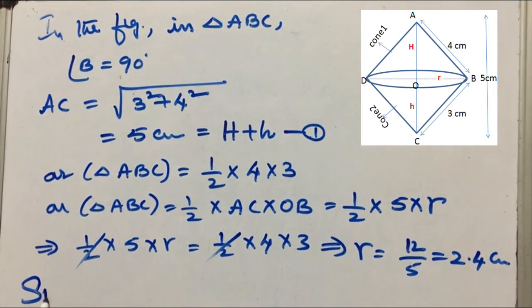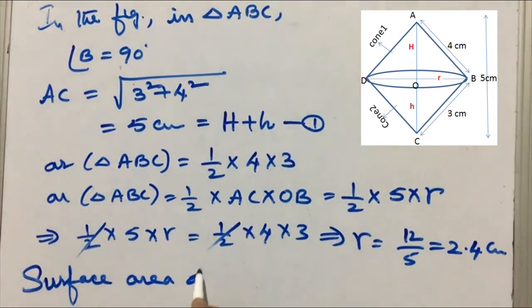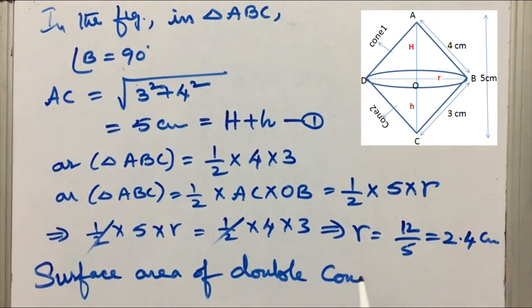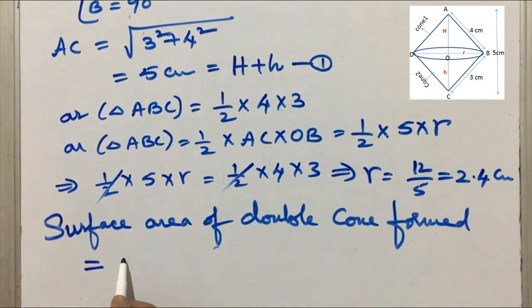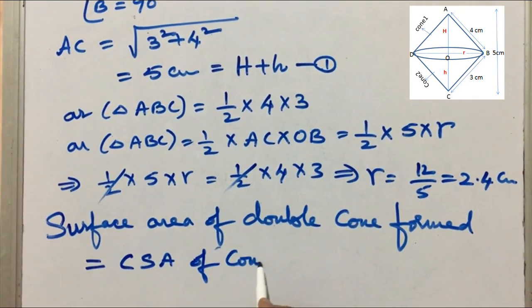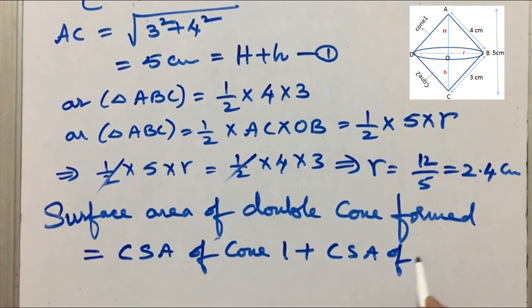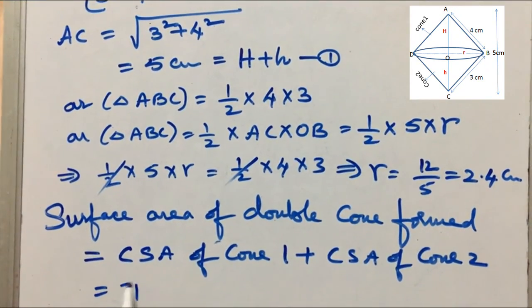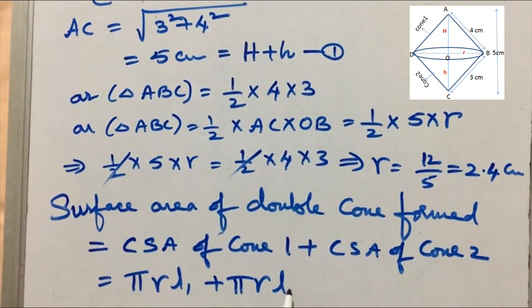So let us find the surface area of the double cone so formed, which is equal to CSA of cone 1 plus CSA of cone 2, that is pi r L1 plus pi r L2.